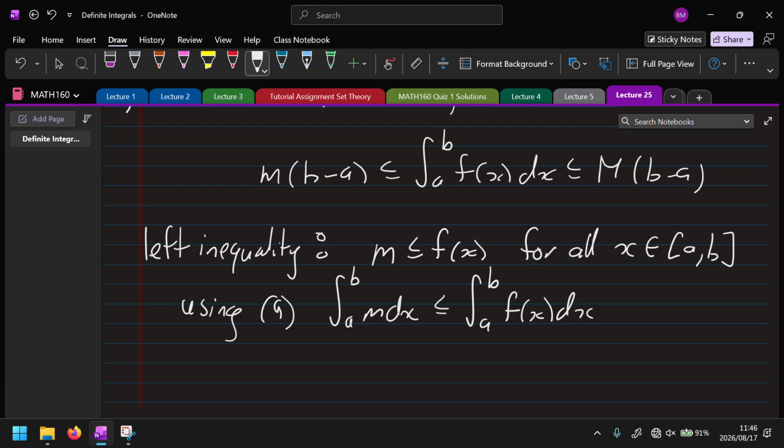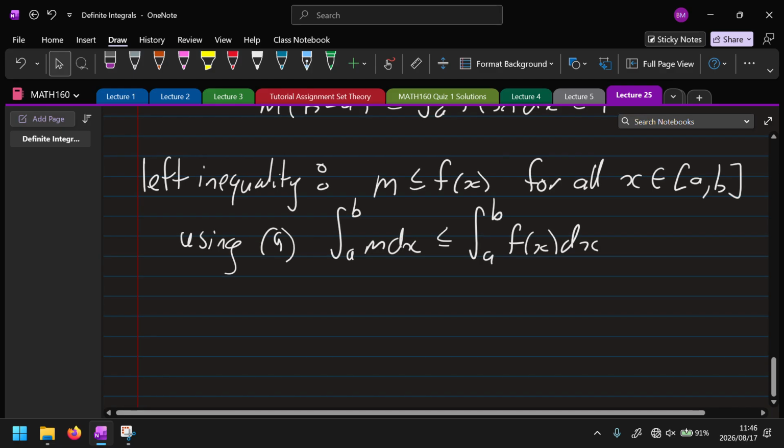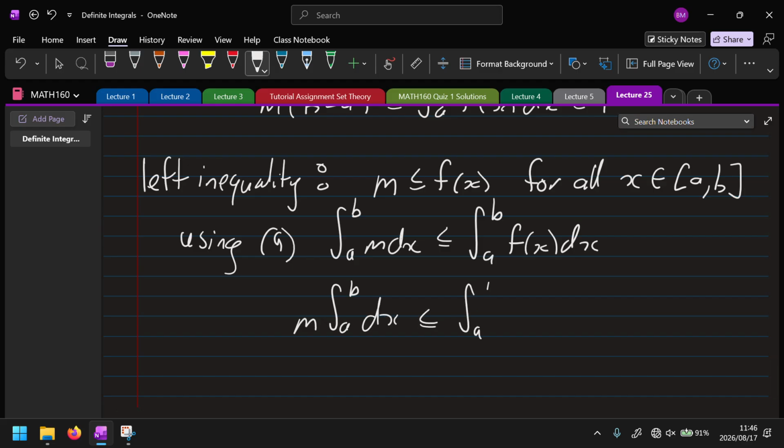Now we can use a few more properties. m is a constant, so we can take it outside of the definite integral. That was one of the properties: we had the constant times f, the constant can come out.